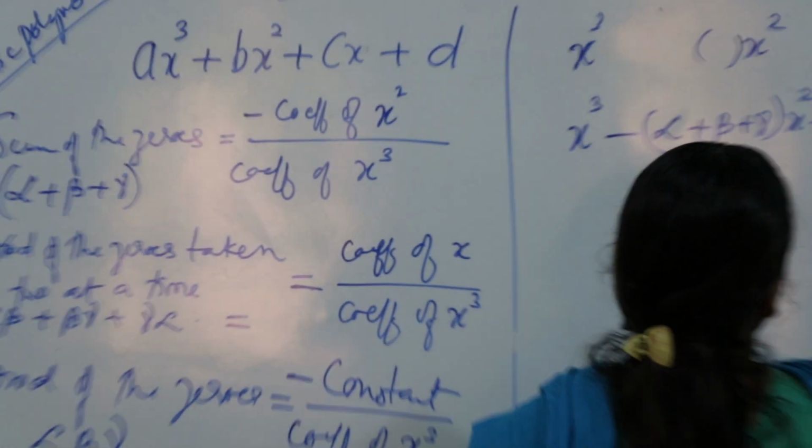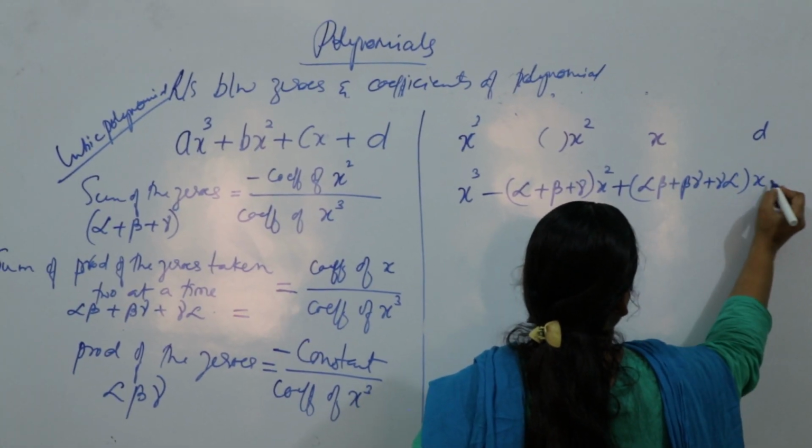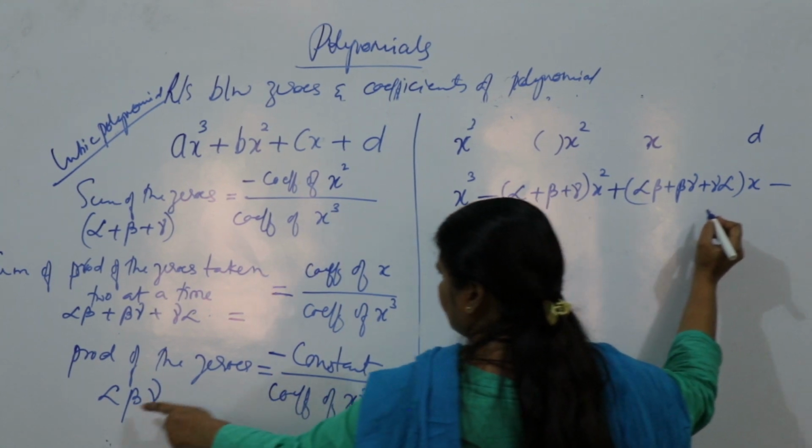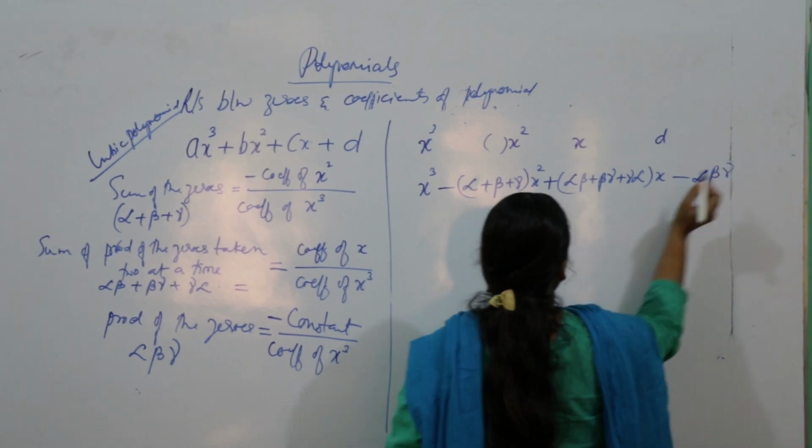Alpha beta plus beta gamma plus gamma alpha times x, minus the product of the zeros, alpha beta gamma.